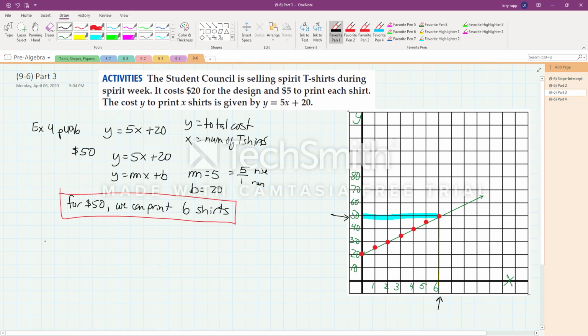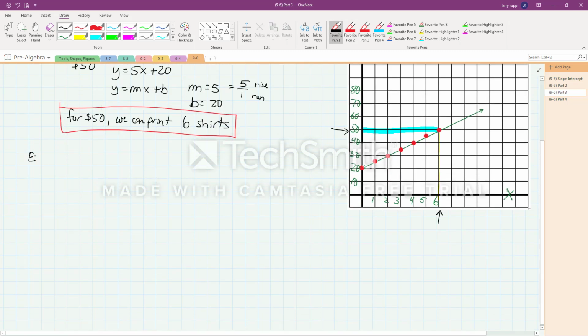Alright, so for the next piece we're going to do example 5, again on page 496. Example 5 says, describe what the slope and the y-intercept mean, what they represent. Well, let's look at this.